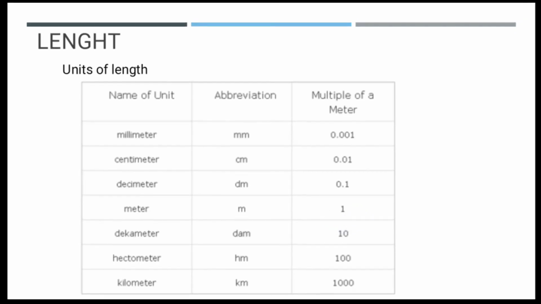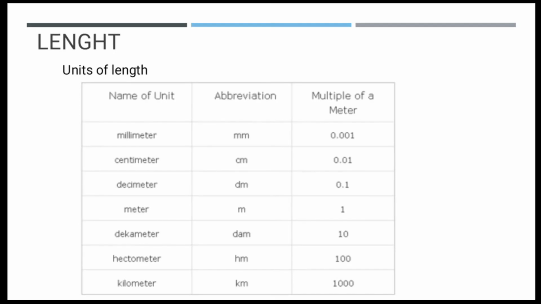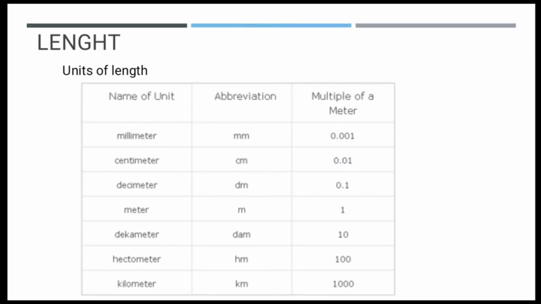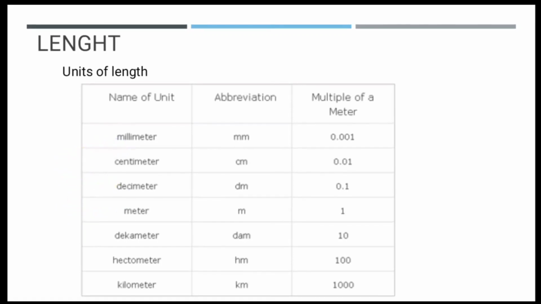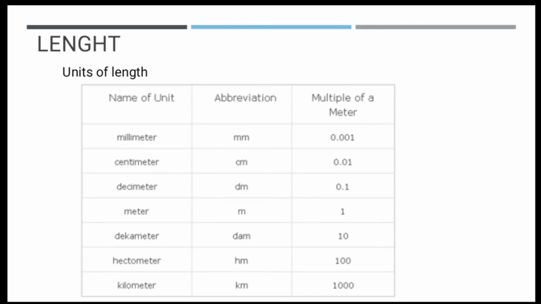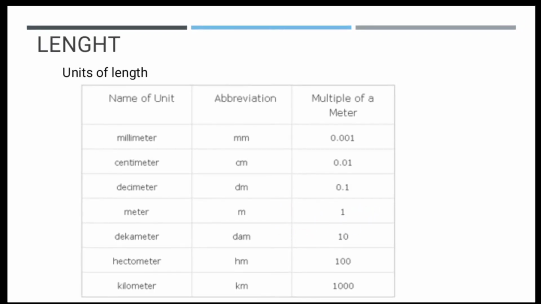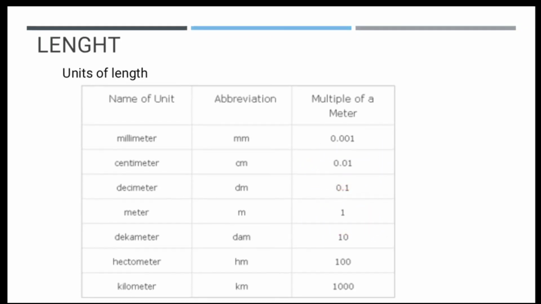Therefore, 1 meter is equal to 0.1 decimeter. Next, we have centimeter. As you can see, from here, we will move 1, 2. Since centimeter is less than meter, we will move 2 times to the left. Therefore, 1 meter is equal to 0.01 centimeter.